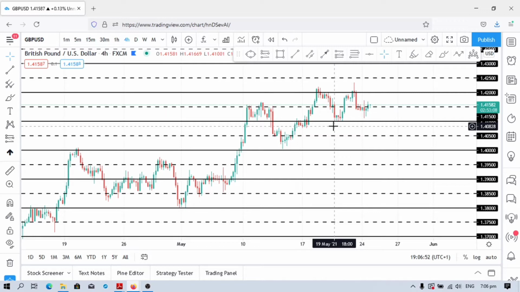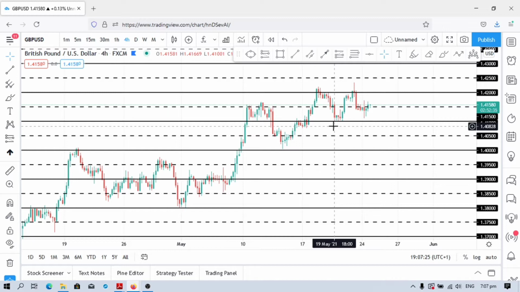Some traders, like myself, take this a little bit further and take the numbers in between these whole numbers, as you can see by the dotted line here. I call these the 50s. There is normally a 50 pip difference between the major psychological level and the minor psychological level, like 1.41500 or 1.40500.